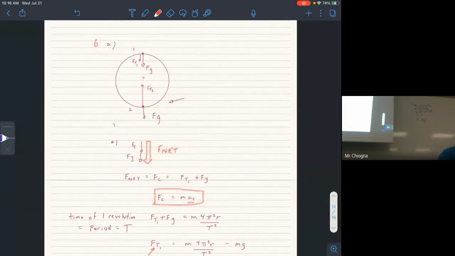So the net force has to be up. In order to do what? To keep this object moving in a circular path as opposed to straight. We don't want that. We want it to move in a circular path.